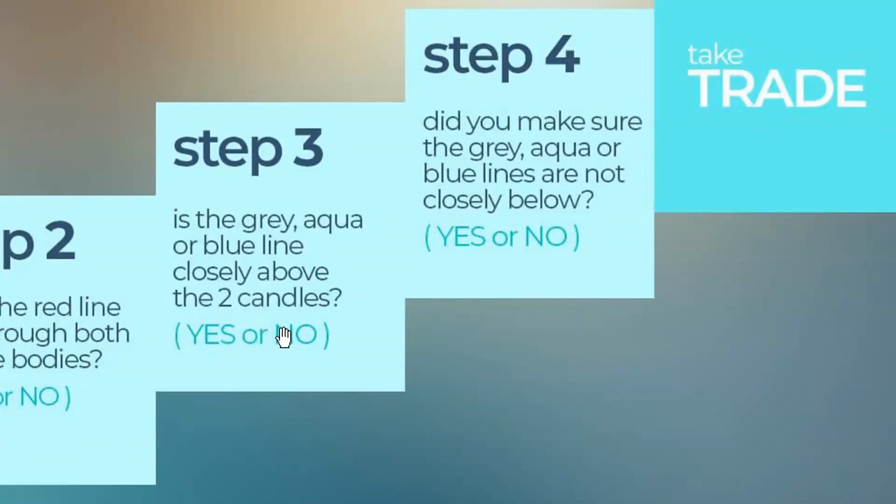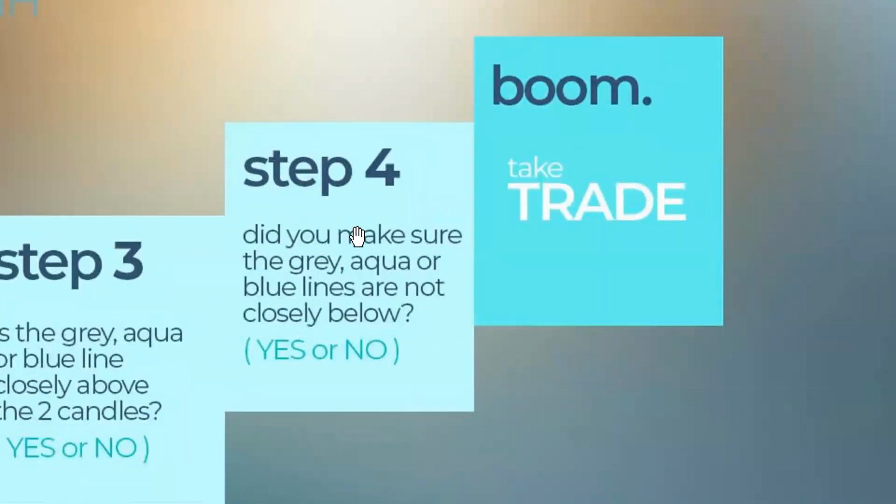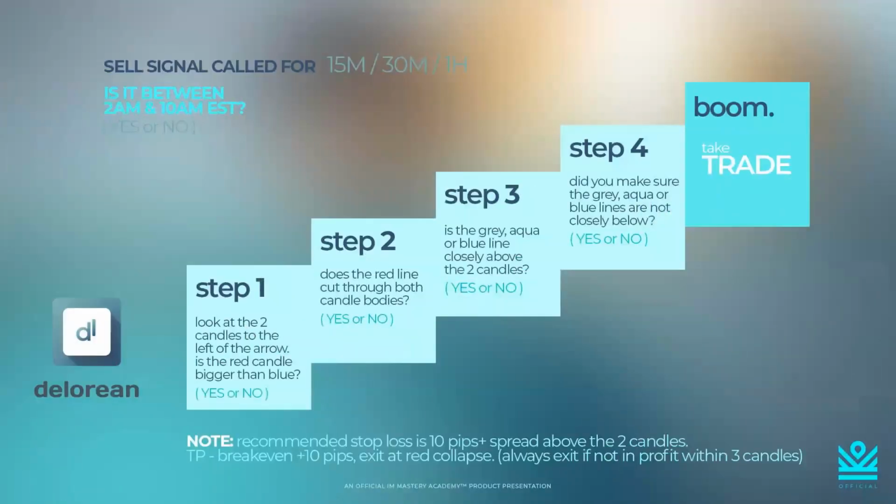Okay, so you look at it there. Yes or no? Did you make sure that the gray, aqua, or blue lines are not closely below? When you've done all those and you get yeses on all of those, you take the trade. It's very simple and very easy for you to do.